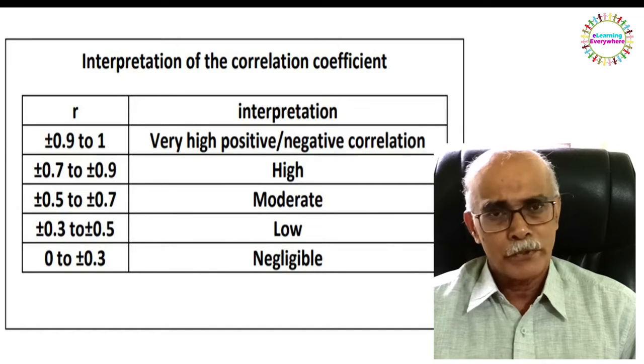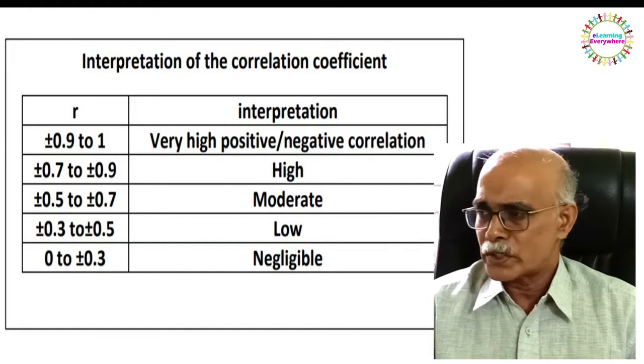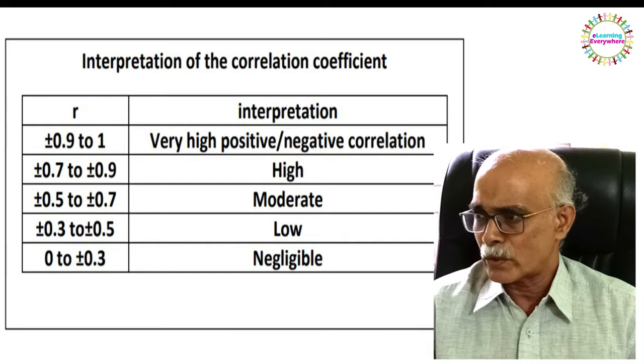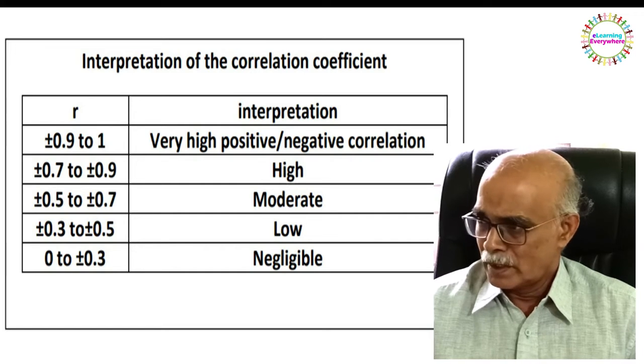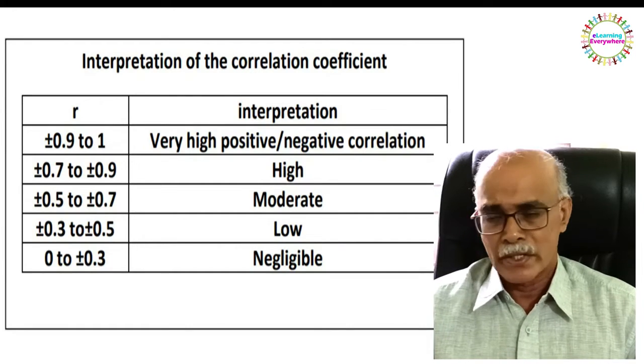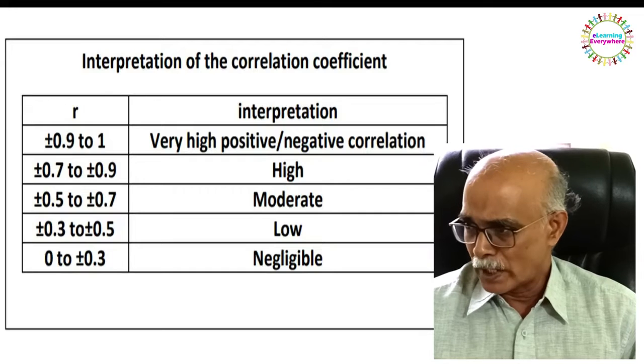If it is between plus or minus 0.7 to plus or minus 0.9, it is interpreted as high positive or negative correlation.